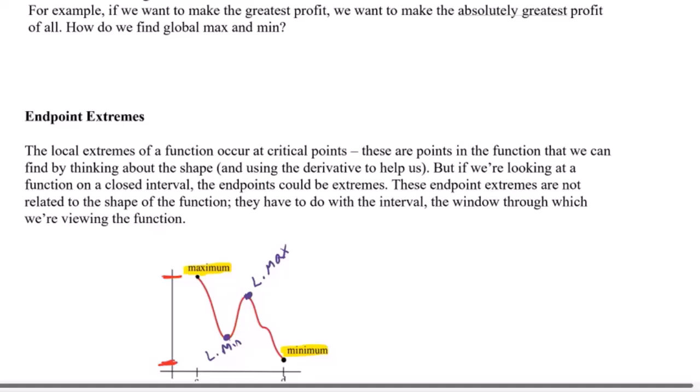Then we have endpoints, and those endpoints could be the global maximum and global minimum. So we have to go find the end and plug in that value as well to see if that gives us a bigger number than we get from all the other positions.